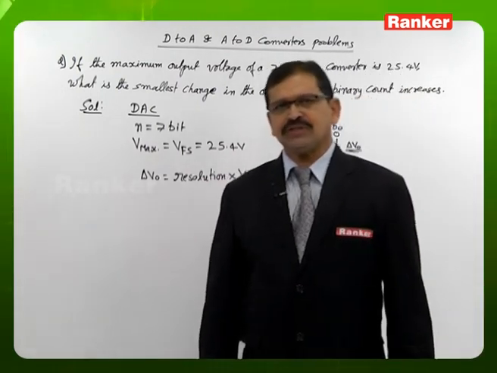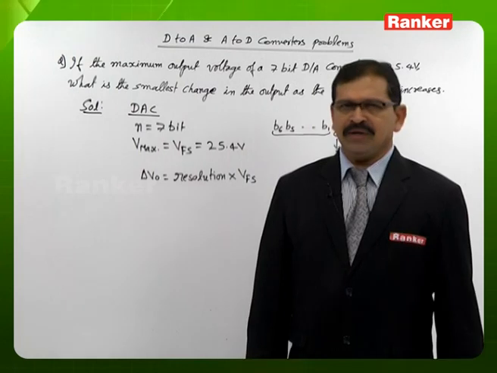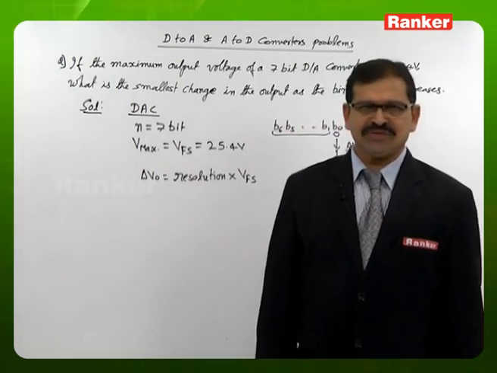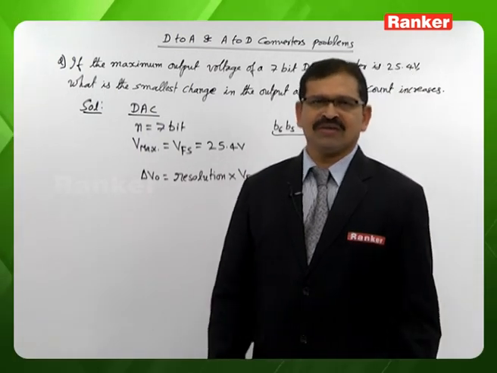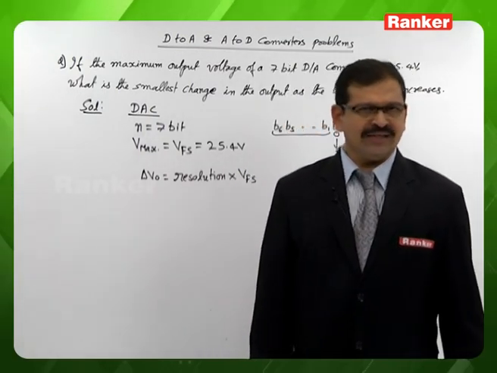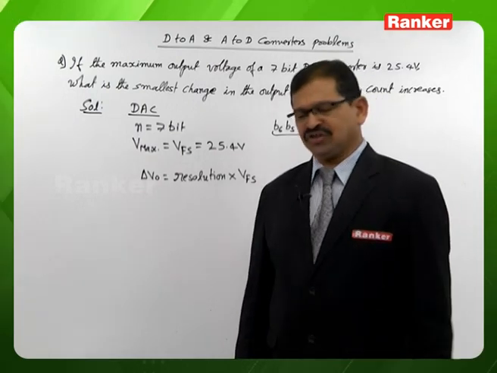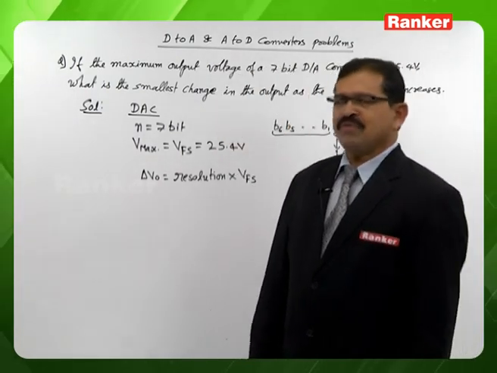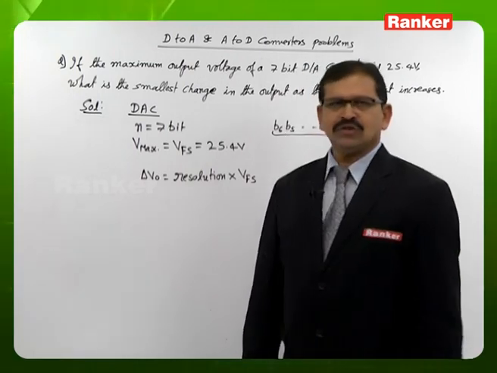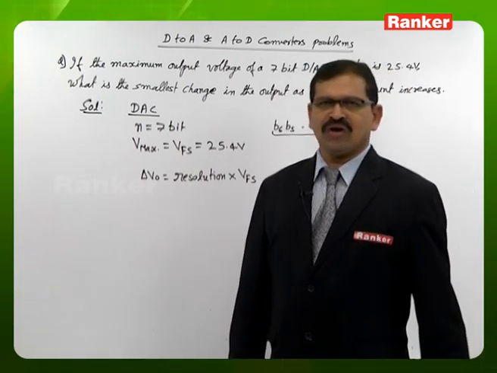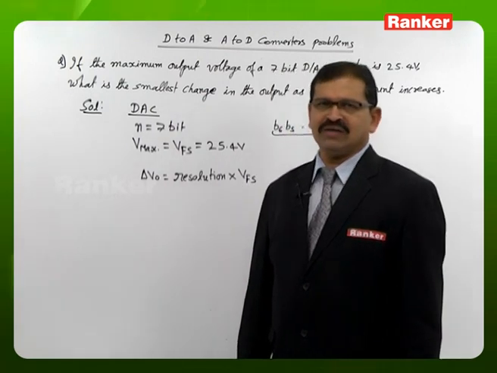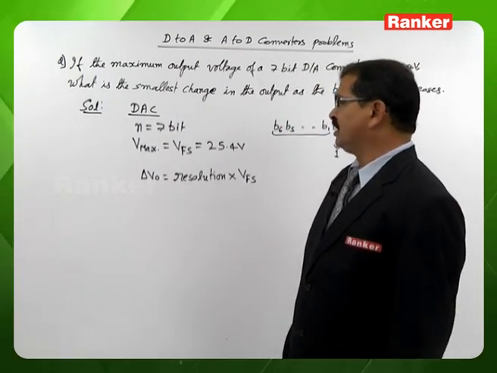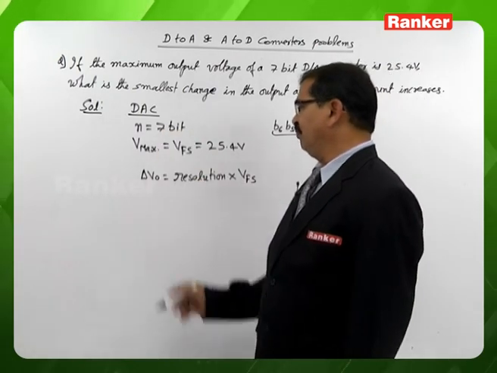This smallest possible change in the output may be read as a fraction or as a percentage. Few authors look at it as a percentage, few as a fraction. And in some books, the resolution is mentioned simply as the size of the digital to analog converter. The size of the digital to analog converter here is 7. So in some of the books, you may see the resolution as simply 7.